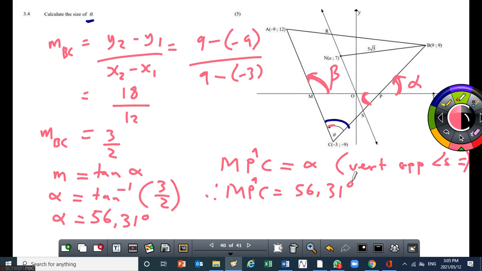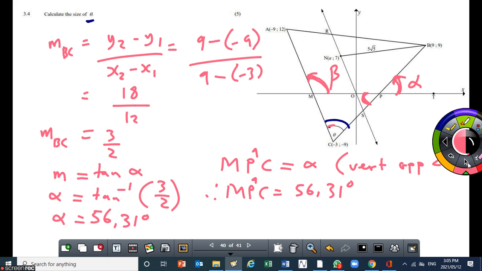Is it making sense? They are vertically opposite because line BC and the x-axis intersect at this point here. Therefore, angle alpha and MPC are vertically opposite. Therefore, they are equal.